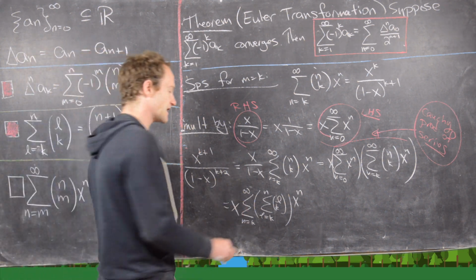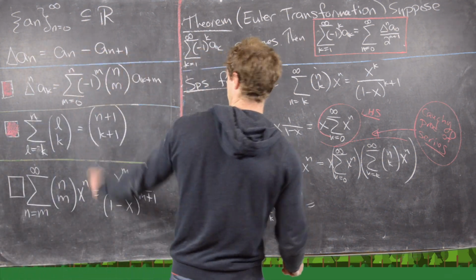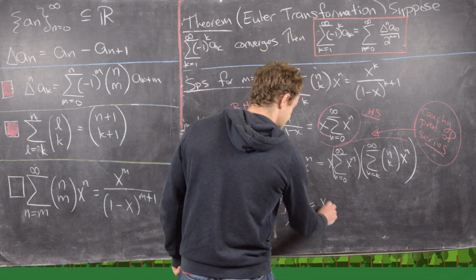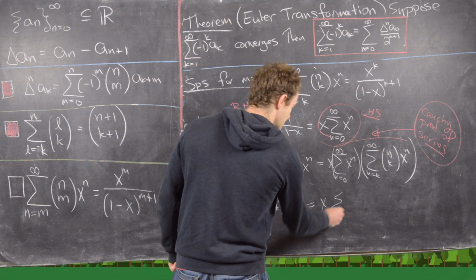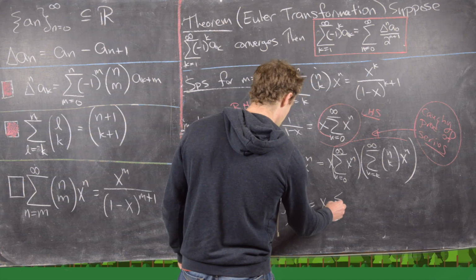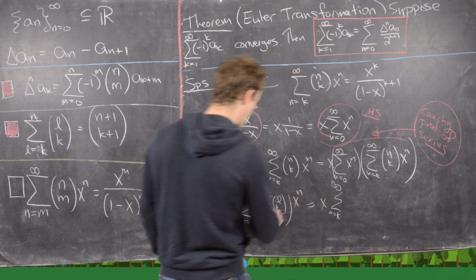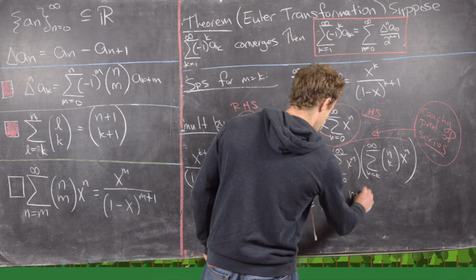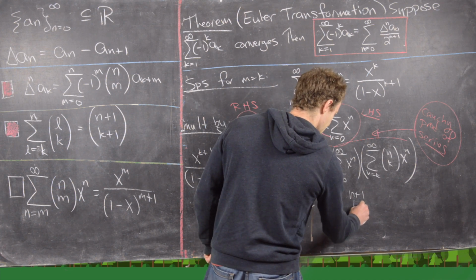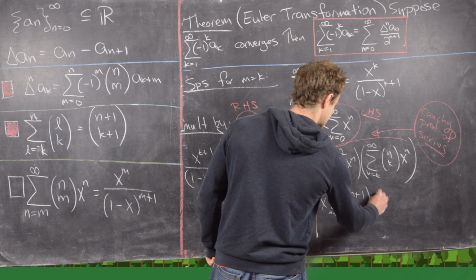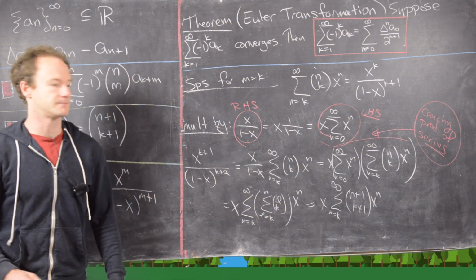Now we can apply this formula, which we just got done proving, and this is going to be equal to x times the sum n equals k to infinity of n plus 1 choose k plus 1, x to the n. Great.